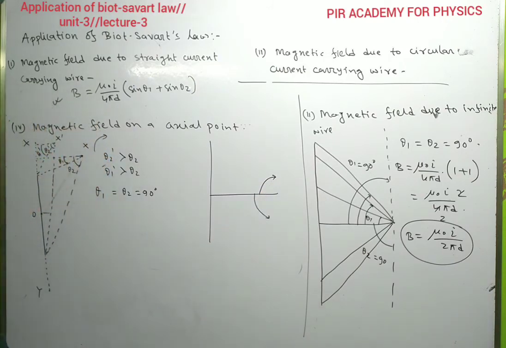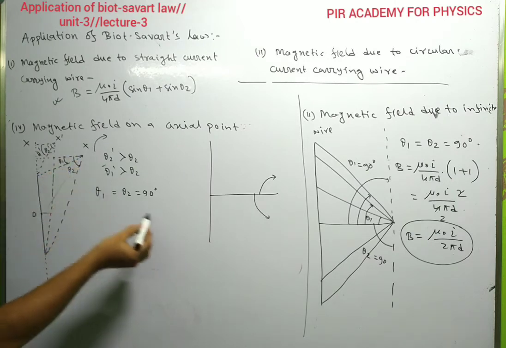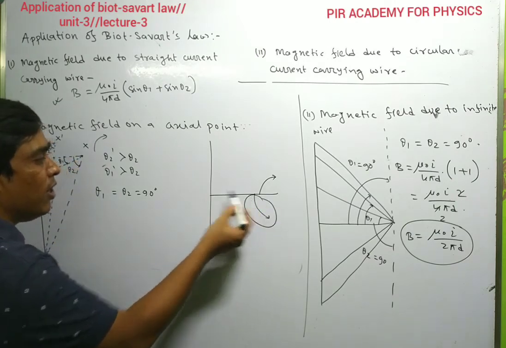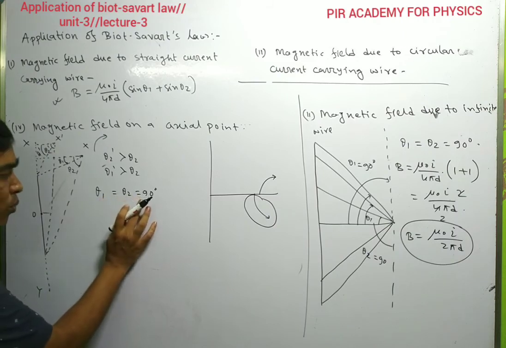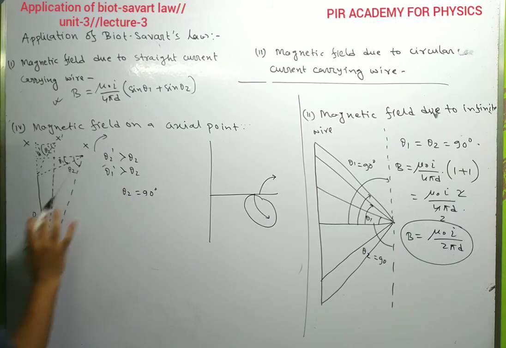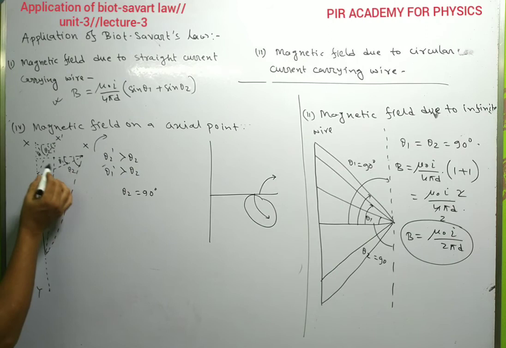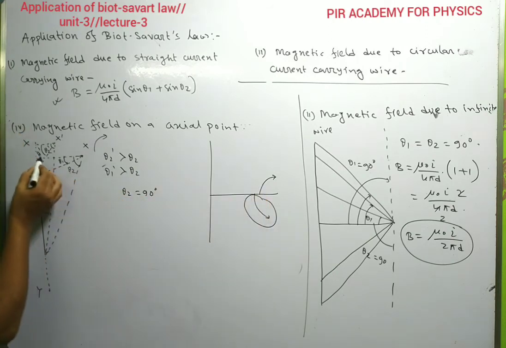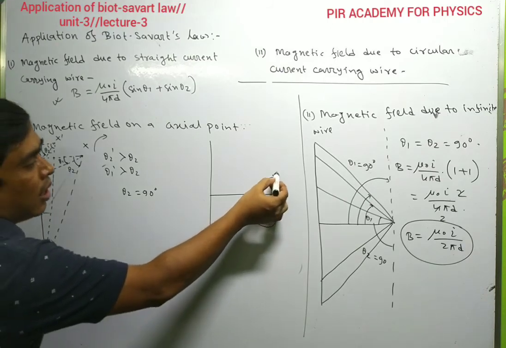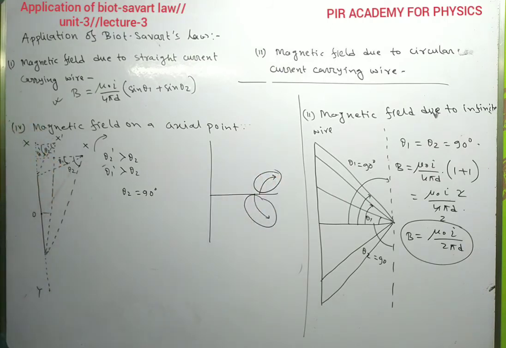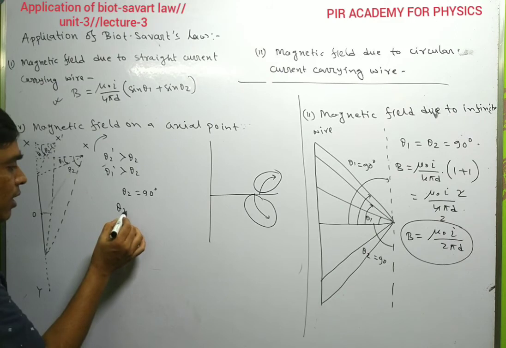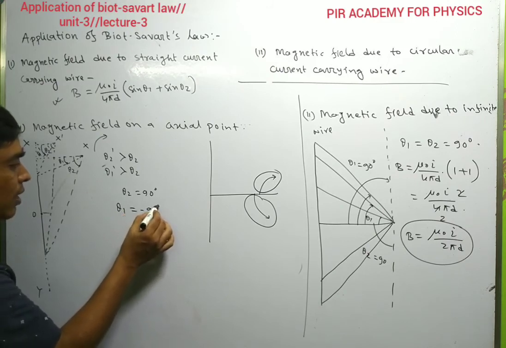But here you see that theta 1 and theta 2 are in the same direction. So theta 2 will be plus 90 degrees, but theta 1 is in the reverse, opposite direction compared to this direction. So theta 1 will be minus 90 degrees.